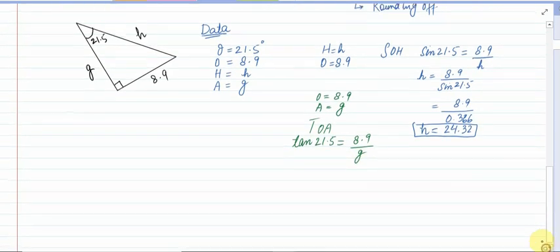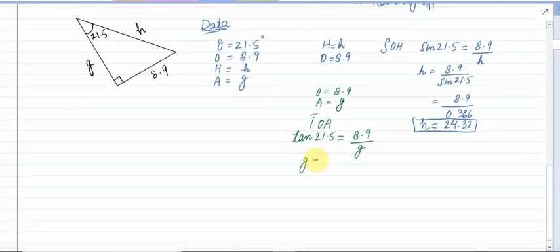Now make g the subject. So it is 8.9 divided by tan 21.5, right? You can find the value of tan 21.5. It's 0.4.